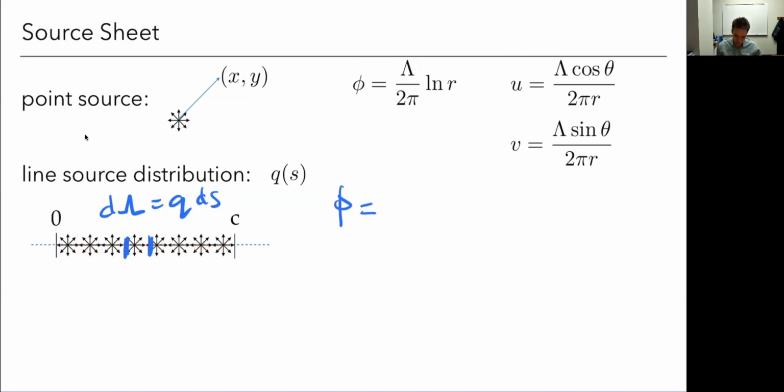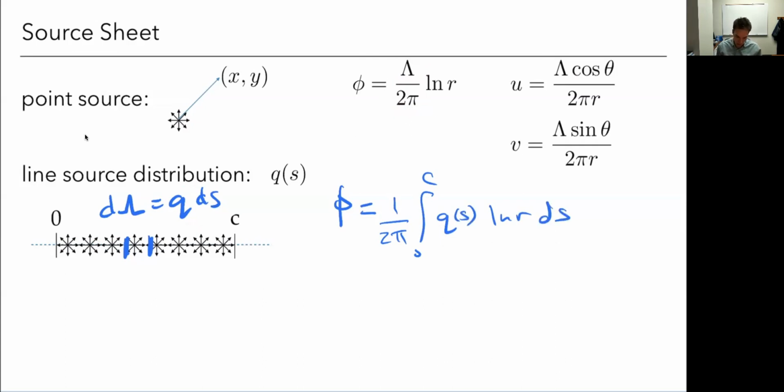So our potential is an integral from 0 to c. I'm going to pull this 2 pi out front. So I've got 1 over 2 pi. The natural log of r is going to stay there. And lambda, remember, is now Q times ds. So I'm integrating. So Q, I'll just write explicitly, that's a function of s. And we integrate along the whole thing.